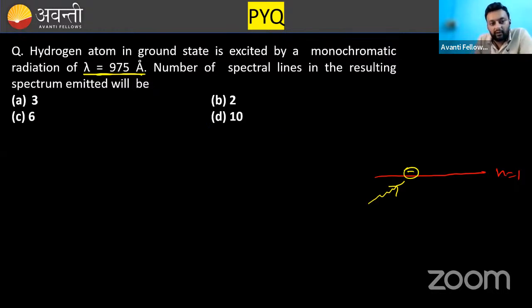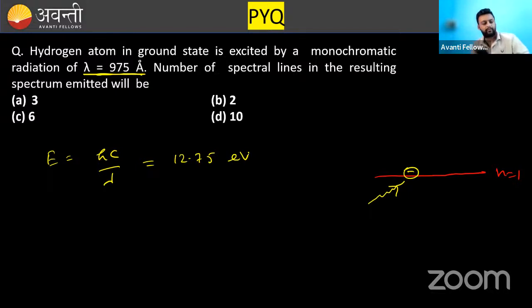So if I solve this, what will be the energy of this radiation? You will say E equals hc by lambda. I'm not going to calculate this thing, I am giving you an idea. I can use the calculator here because it will take a lot of time, and that will be around 12.75 electron volt.